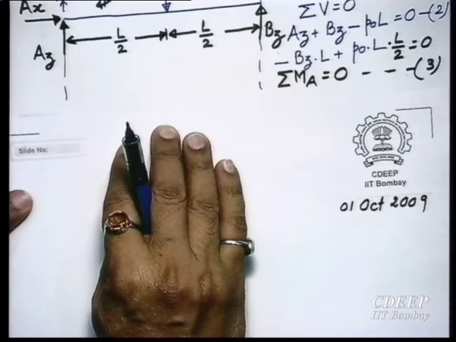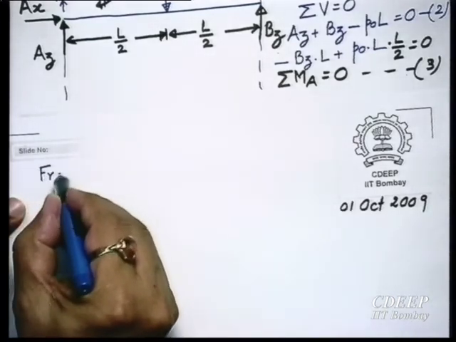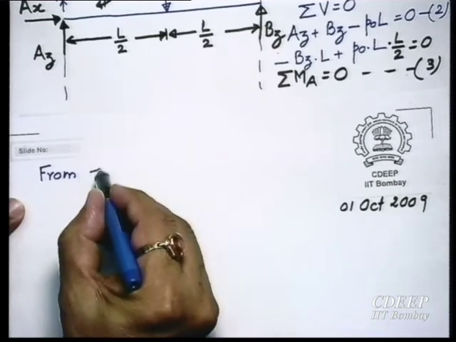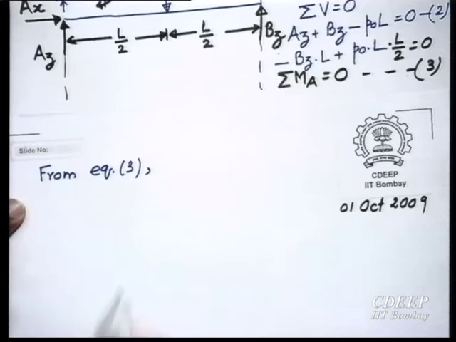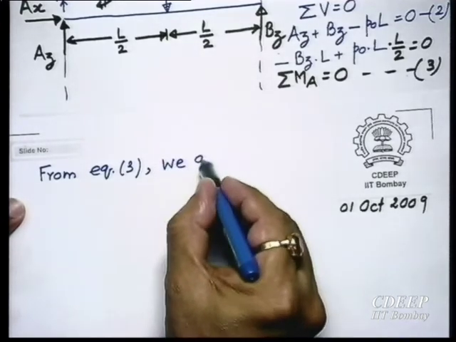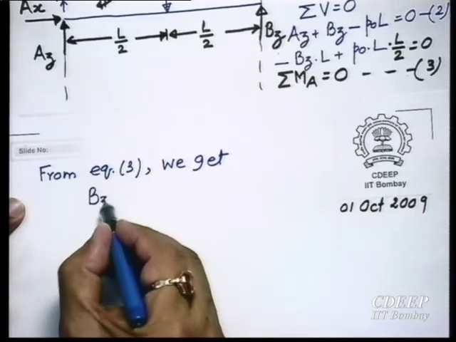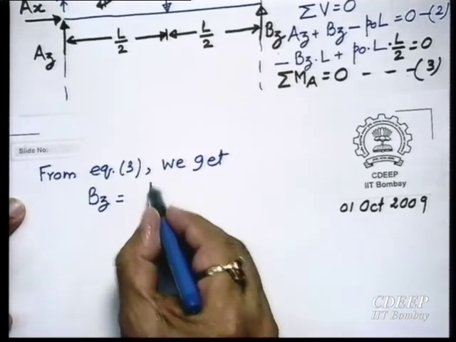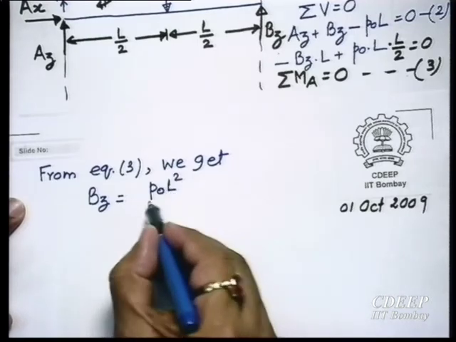From the third equation we get Bz equal to P naught L square by 2.